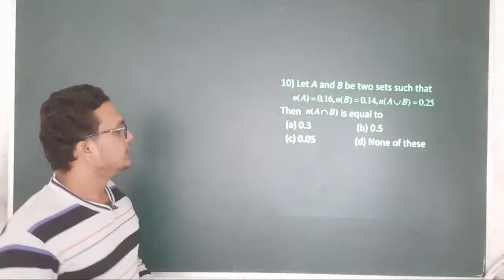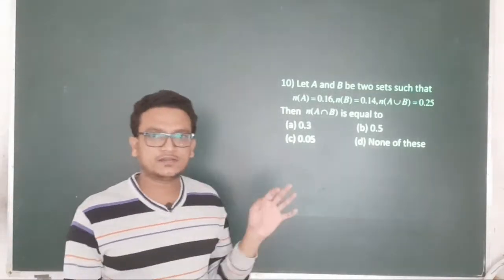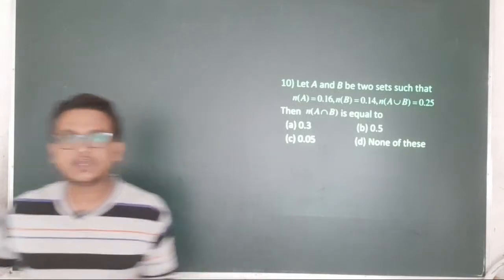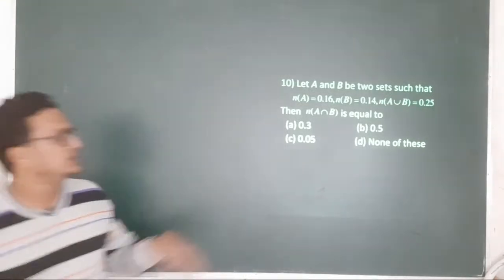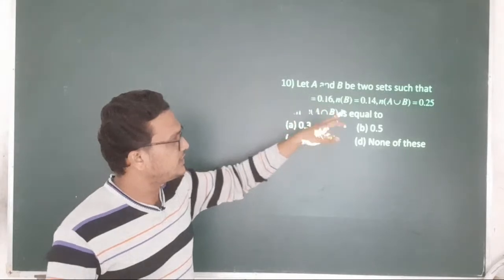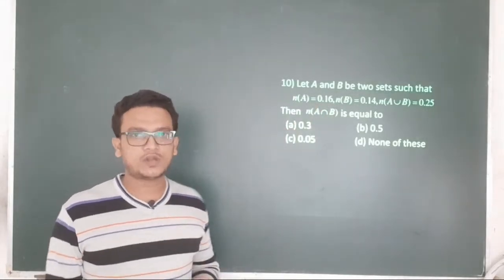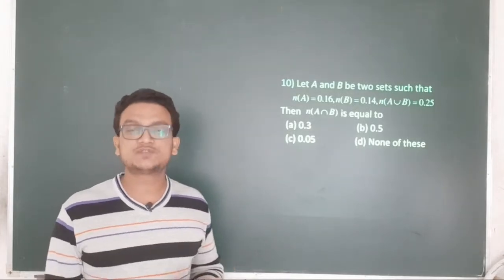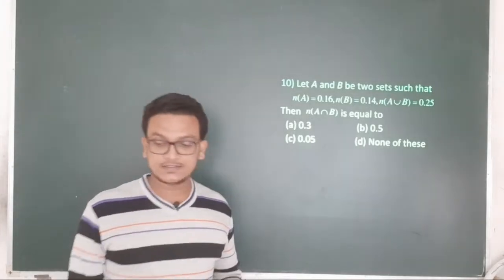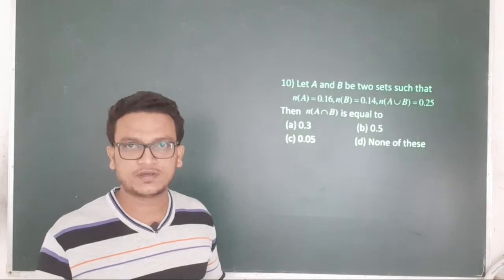So here there is no difficulty at all, because n of A, n of B and n of A union B are given. I think you now know which formula we have to use. That is the cardinality formula.